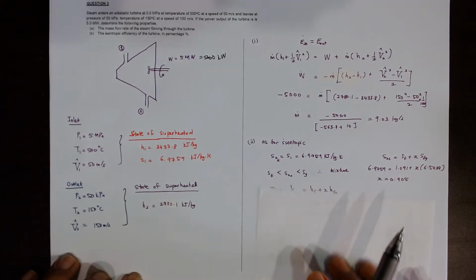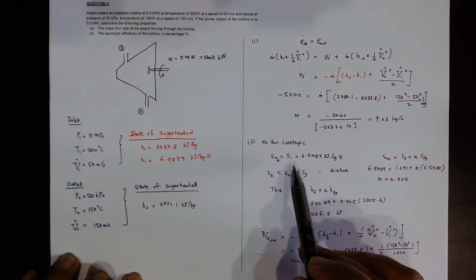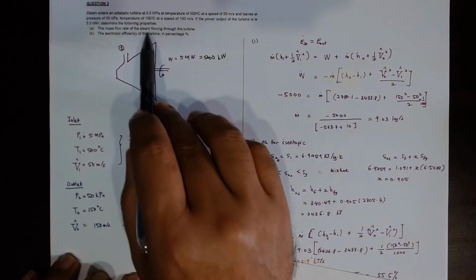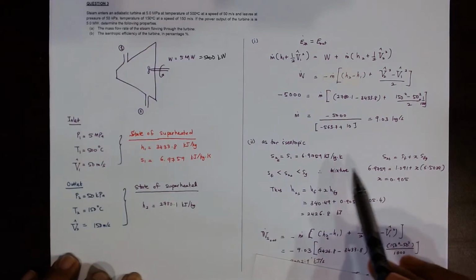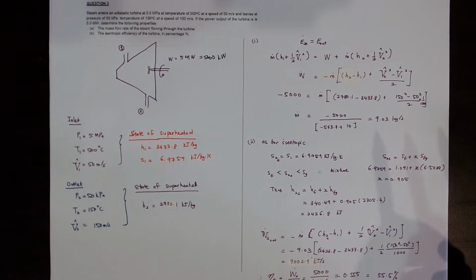Because this is an isentropic process, s2s equals s1, which is 6.9759. So let's look at the table for 50 kilopascal.